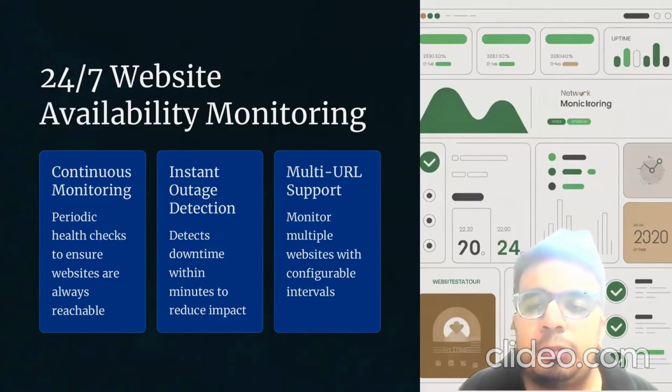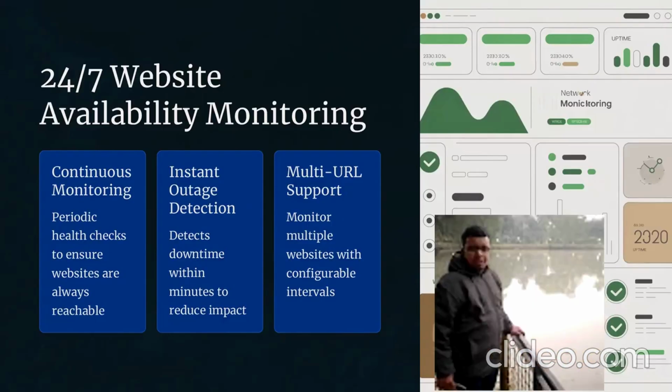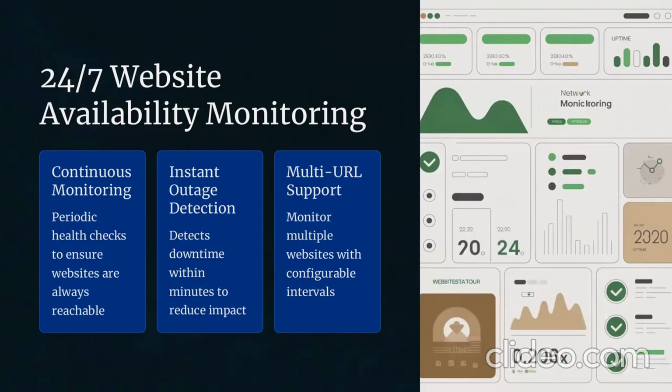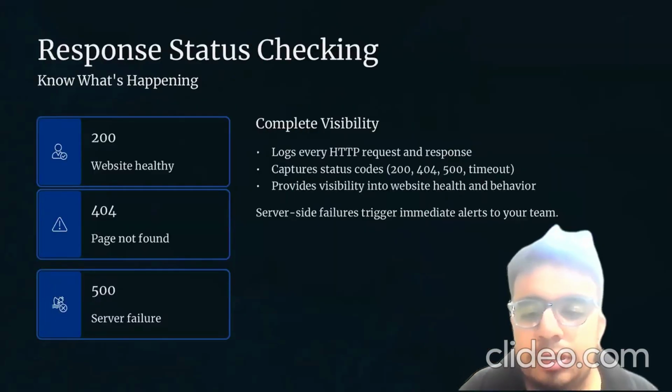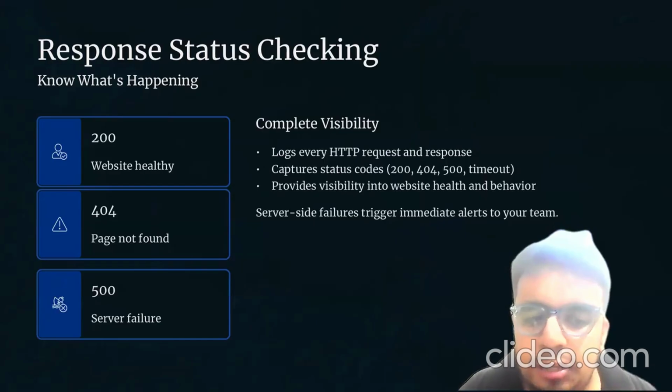It is an automated monitoring system, as shown here in the figure. It shows continuous monitoring, instant outage detection, and multi URL support. Then we have response status checking, with more than 200 websites health checked.